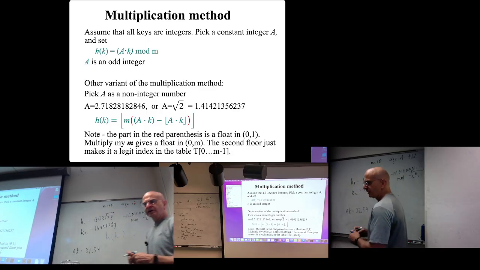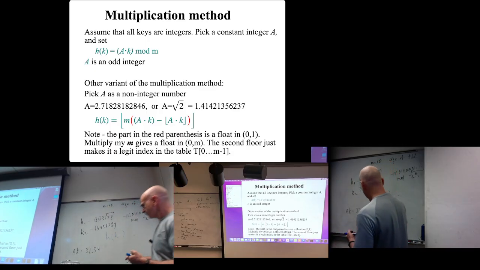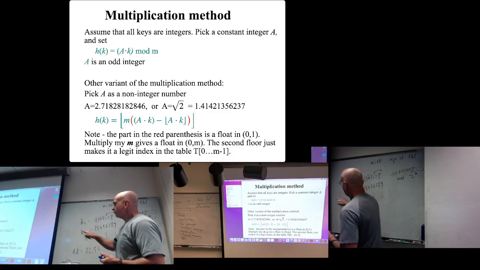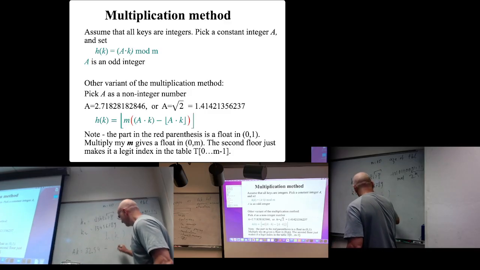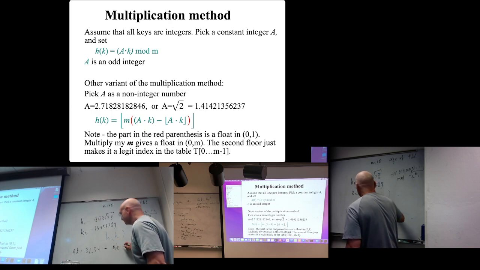Say a times k equals 32.54. What's happening here? I'm taking a times k minus the floor of a times k.